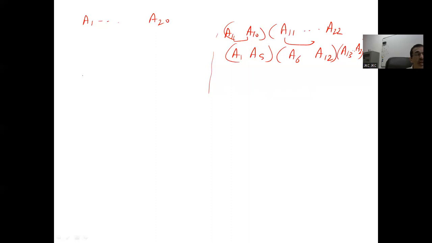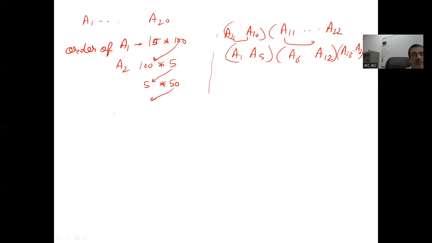So first thing is now we have to systematically plan the solution. For planning the solution, I have to plan how I will store the values. What will be the P array, profit array, or in this case, the order. So I have to store the order of each matrix, order of A1 to be stored, order of A2 to be stored. For example, this order is 10 into 100. Obviously, this 100 is guaranteed to be available, only then multiplication in this chain will be possible. So these values are the same.